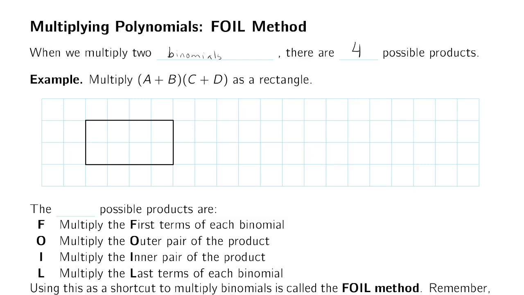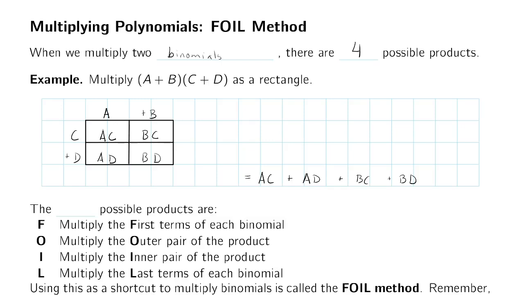So I'm going to have a rectangle with 2 rows, 2 columns, and I'm going to say A plus B times C plus D. I'll have A times C plus B times C plus A times D plus B times D. So my product is going to be AC plus AD plus BC plus BD.